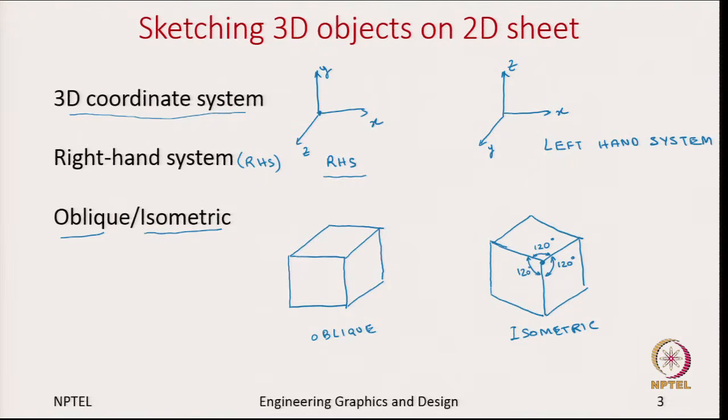I will show you in the rest of this lecture how we use this isometric system to represent some simple objects, and then move on to more complex objects.